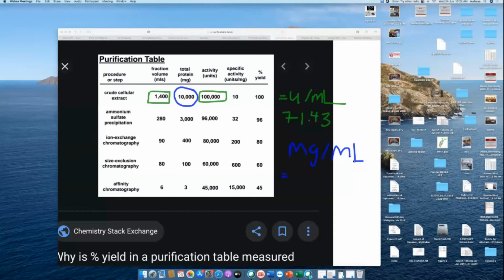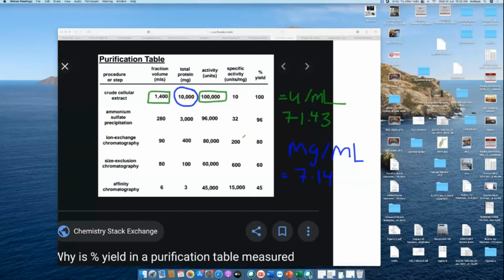That's correct. So there will be 7.14, because 10,000 is divided by the volume here. Now the total protein is 10,000 and the total activity is 100,000. So what will be the specific enzyme activity?